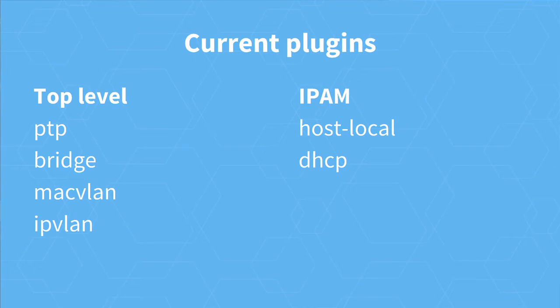So we actually have a couple of plugins implemented right now inside the CNI code base, and you see here the top level, the thing that Rocket is going to invoke, and then the IPAM is what the top level plugins are going to invoke for the IP allocation. And you can sort of mix and match.